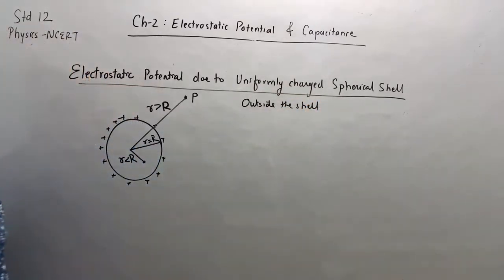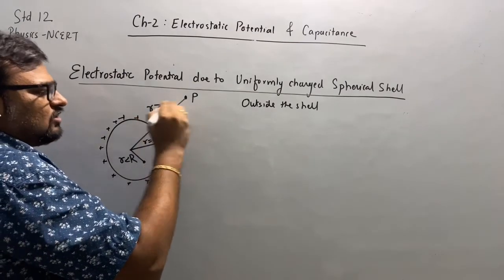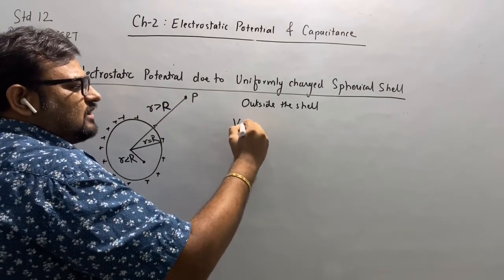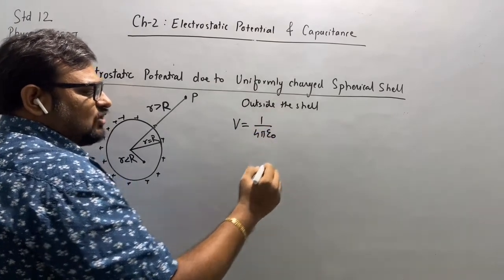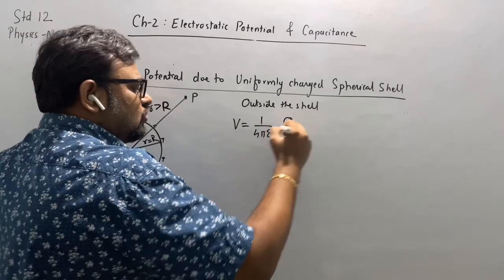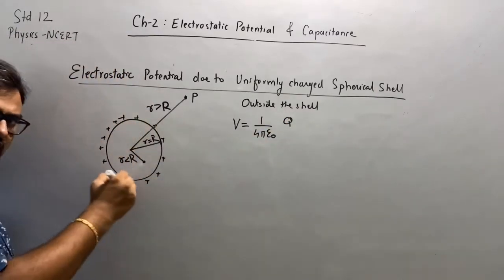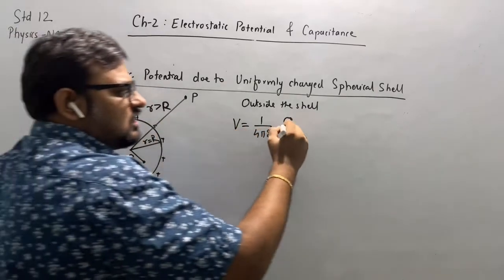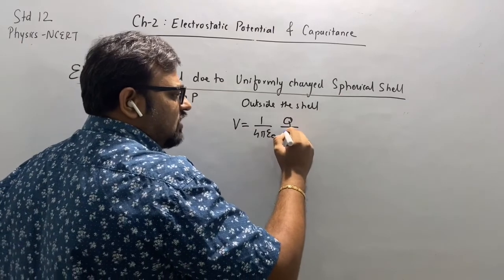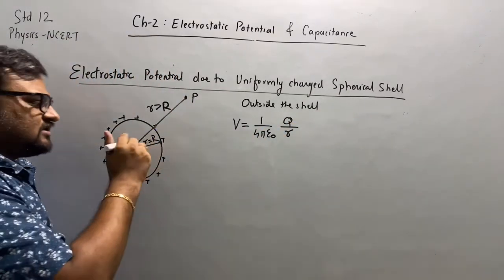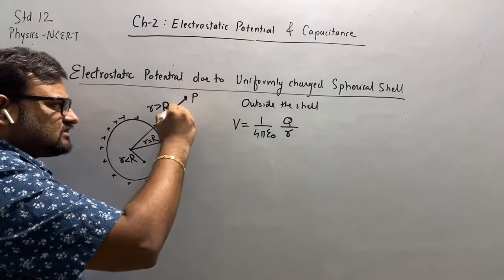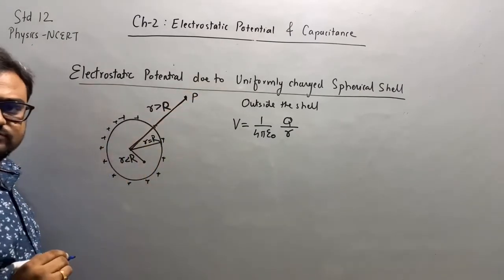For outside the shell, let's take r. V will be equal to 1 by 4 pi epsilon 0 Q upon r, where Q is the total charge of the spherical shell. Outside the shell, the total distance r is taken.